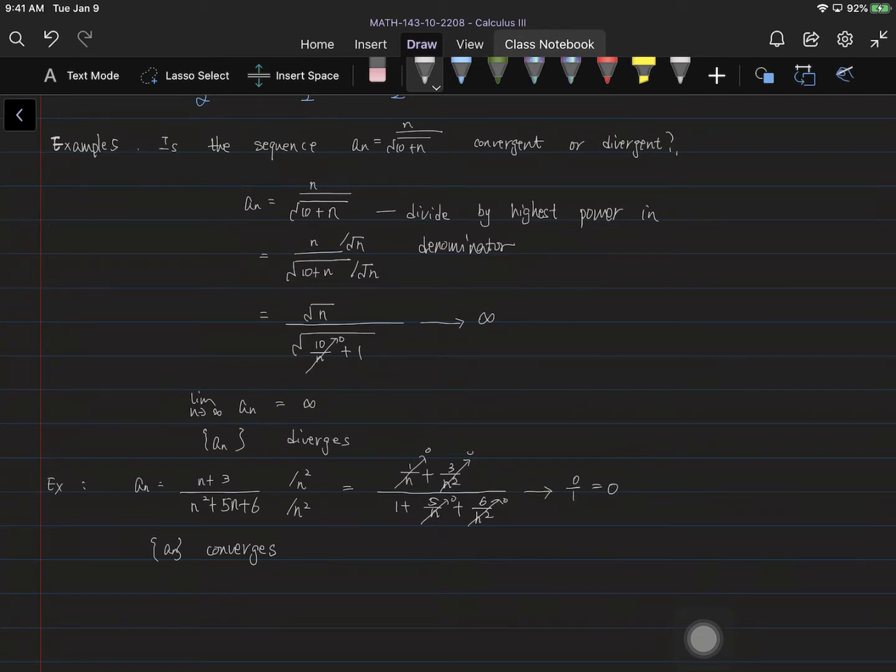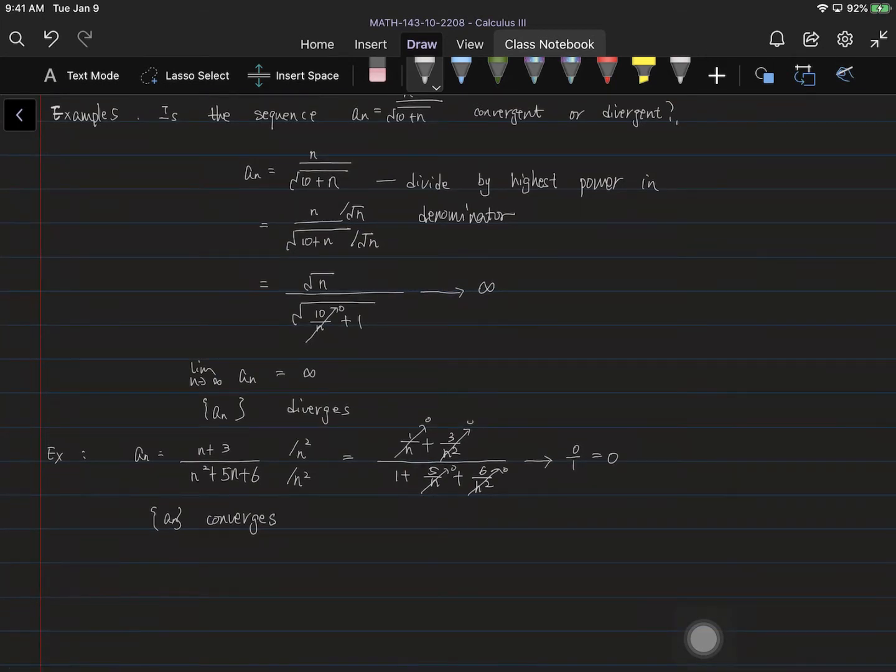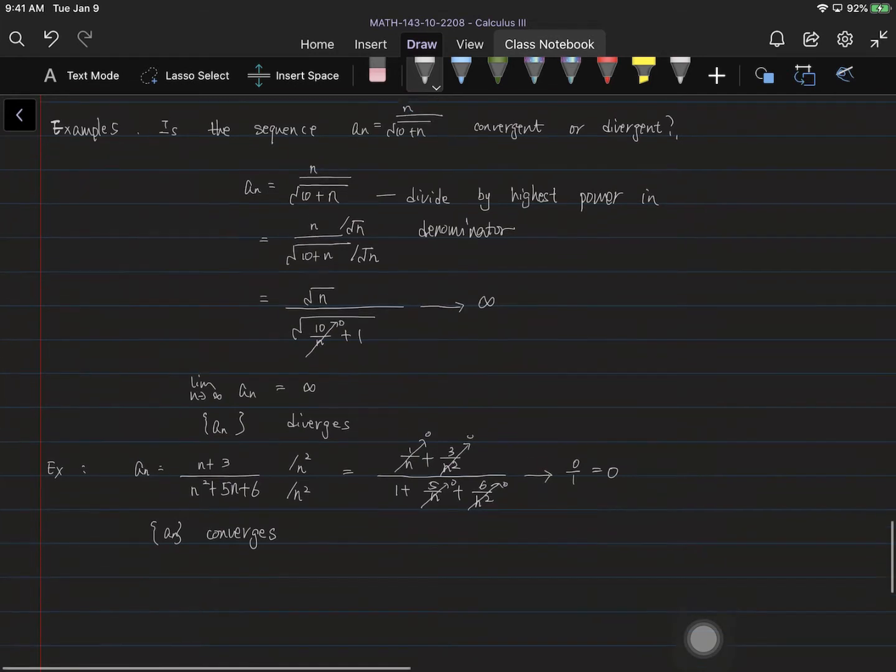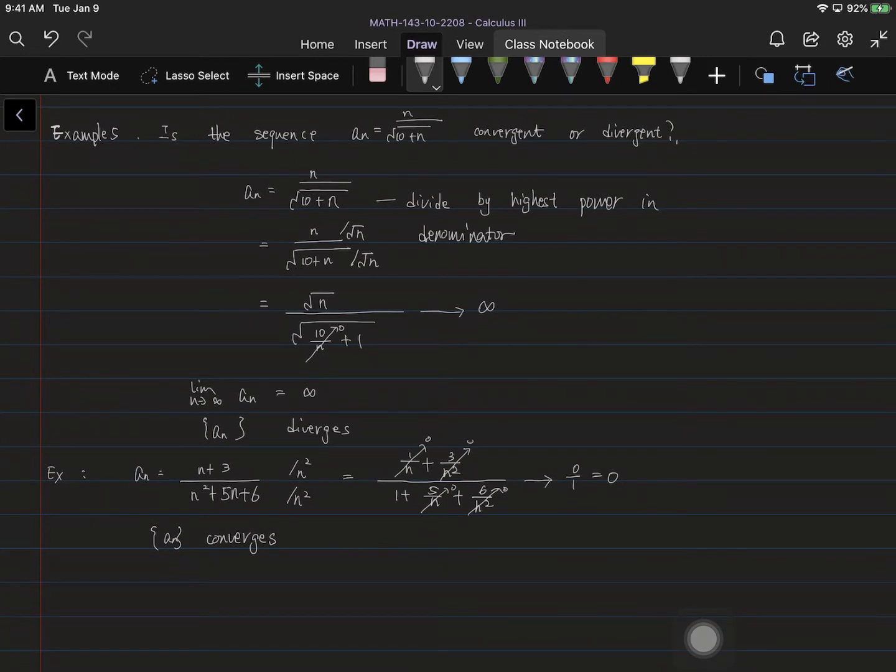So whenever we have higher power in the numerator, it goes to infinity. But for this exercise problem, we have higher order power in the denominator. So when the denominator goes to infinity faster, that's why the limit goes to 0. So you can always tell by the order. You can also use that method to double check your answer.